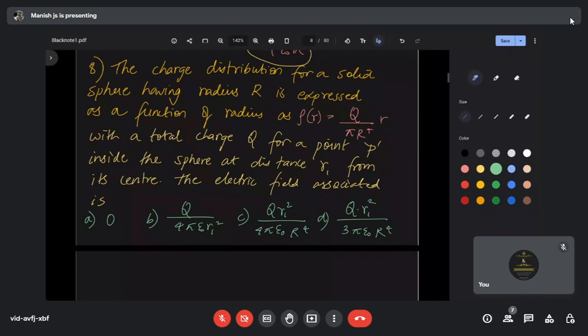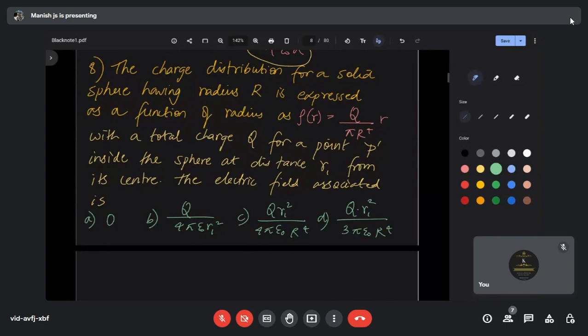Why is it inside the sphere, zero? Electric field inside the sphere. Point P is inside the sphere at a distance of r1 from its center. They are not asking for the electric field at the center. Read the question properly.